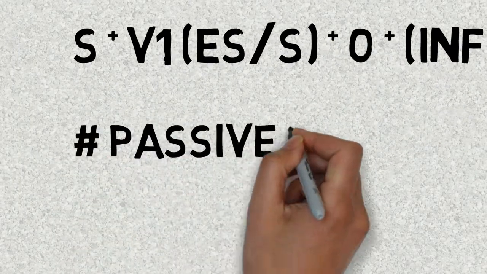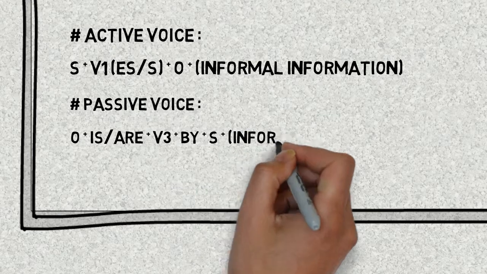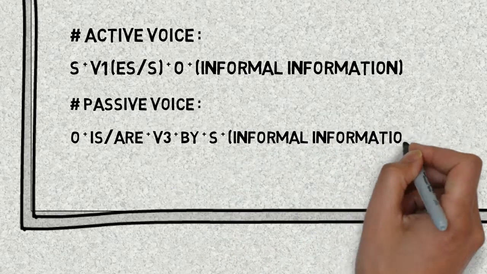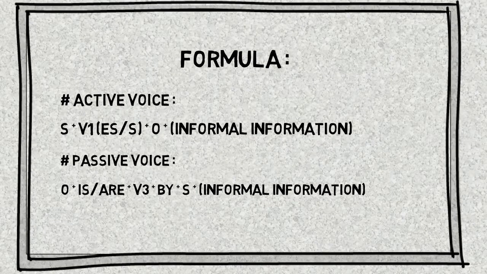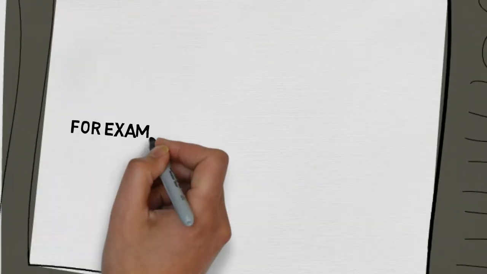And for the passive voice is object plus is or are plus verb 3 plus by plus subject plus informal information. We can see the example from this video.